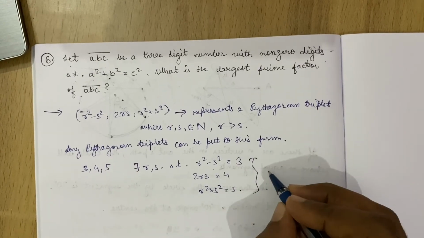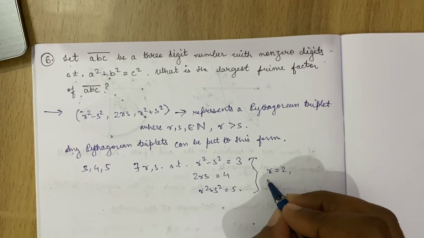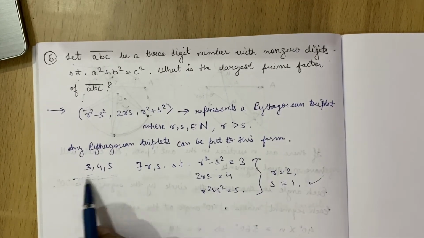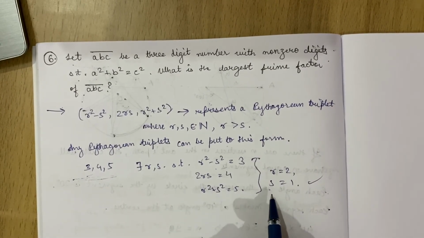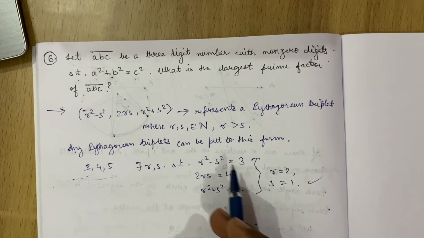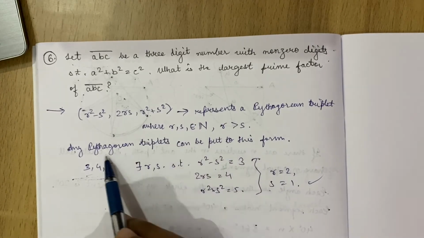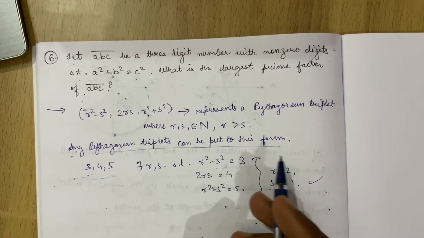And from this the exact value of r is 2 and s is 1. So this is one example of this property to use. And so let's get back to our original problem, and this is a property that we will use.